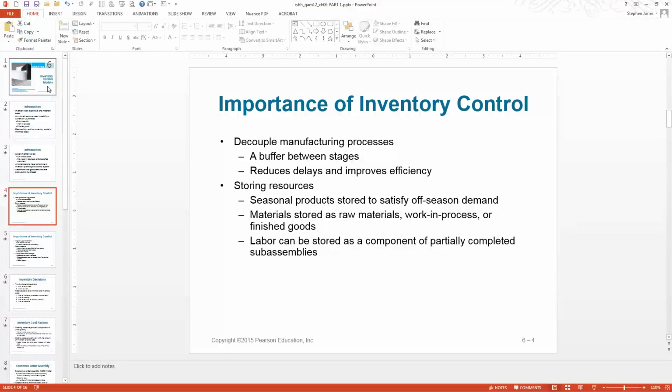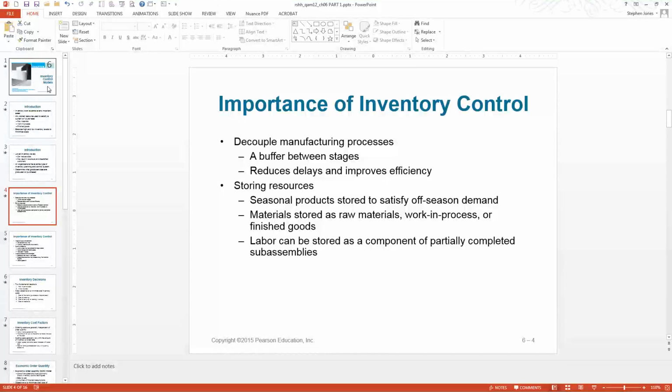And while, at least theoretically, you can have labor stored as a component of sub-assemblies, that is to some extent true. That's theoretically true. It just doesn't seem to be something that's valid on the face of it.